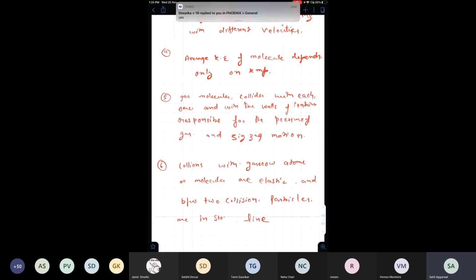Equation derived from the postulates of kinetic theory of gases is 1 upon 3 m Vrms whole square is equal to PV. This equation we derived from the postulates of kinetic theory of gases.